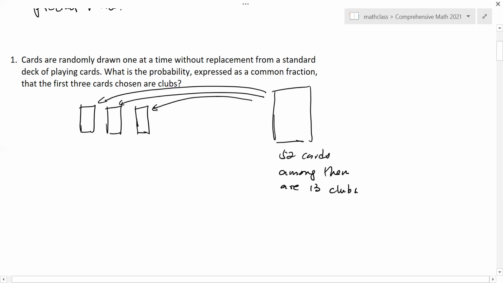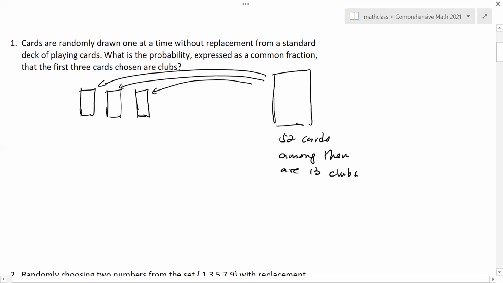So the number of all possible outcomes without any restriction. When you pick up the first card, there will be 52 choices. Then 51 cards are left. The second step, you pick up the second card, so it'll be 51 choices. Then there'll be 50 choices.